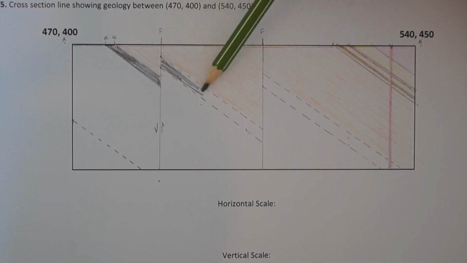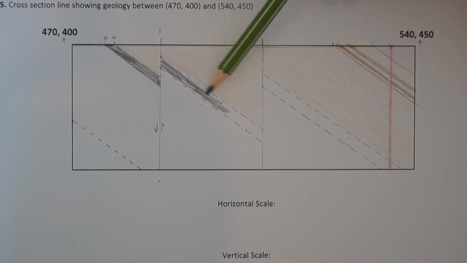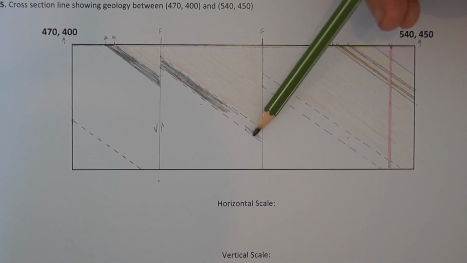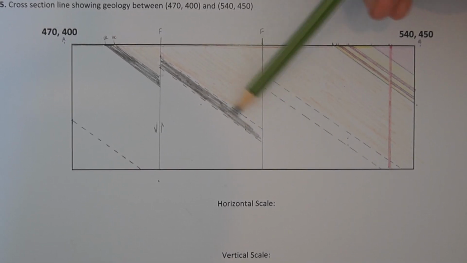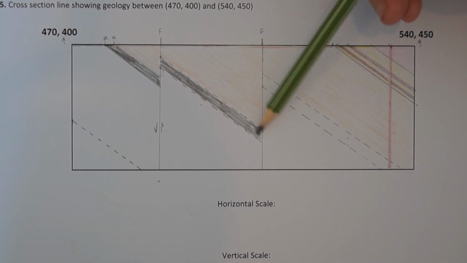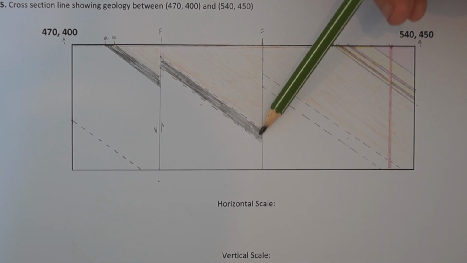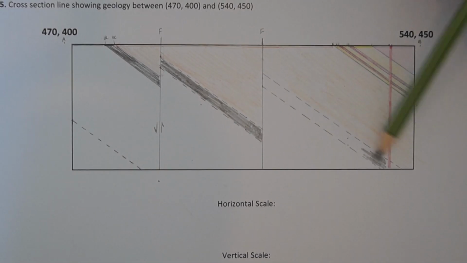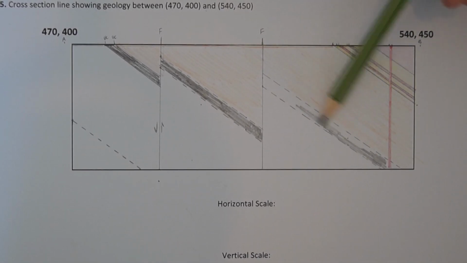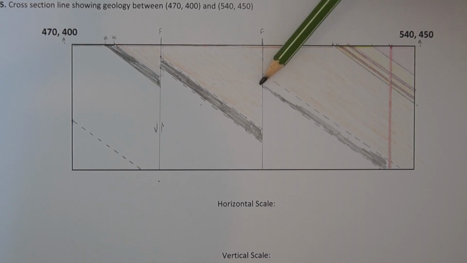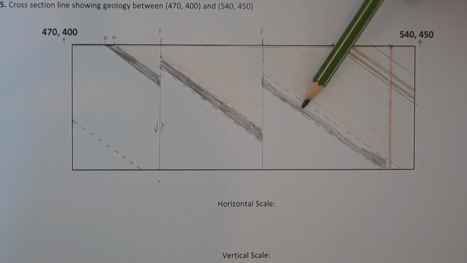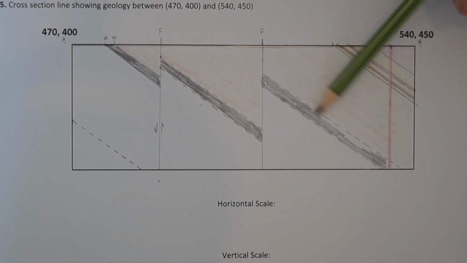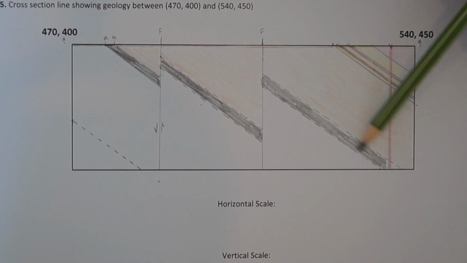So these dark greys are the Carboniferous coal measures. Maybe on the video I might try and edit this to speed up.